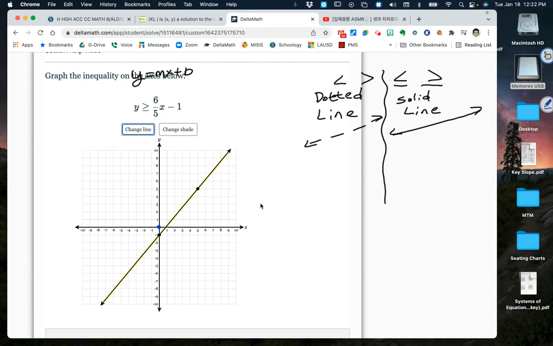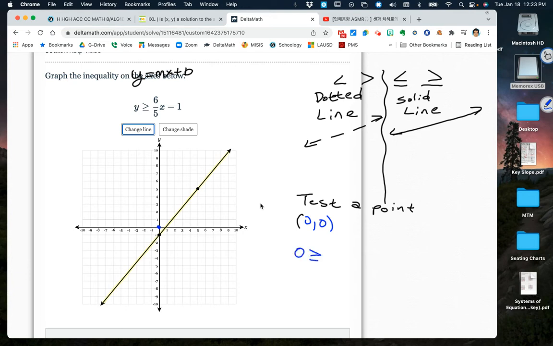So this is called testing this point. Okay, so we're going to test this point out, 0, 0. What we're going to do is go to our inequality and replace x and y with 0, 0.